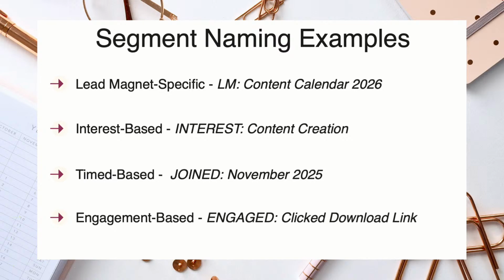You just keep segmenting them according to the lead magnet they've downloaded. You can also segment them by interest. If someone downloaded your content calendar, they are probably interested in content creation.